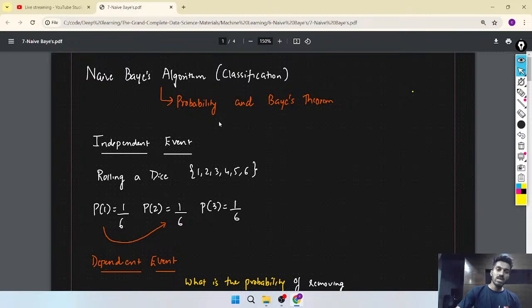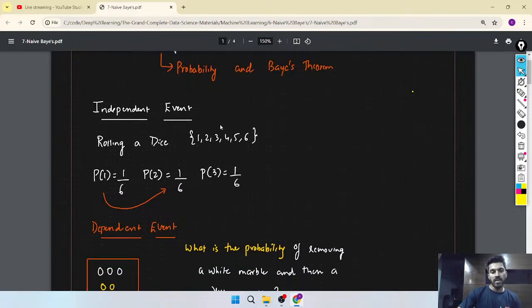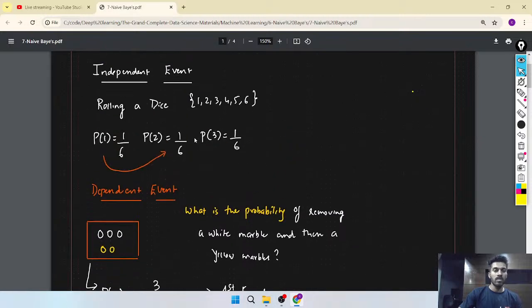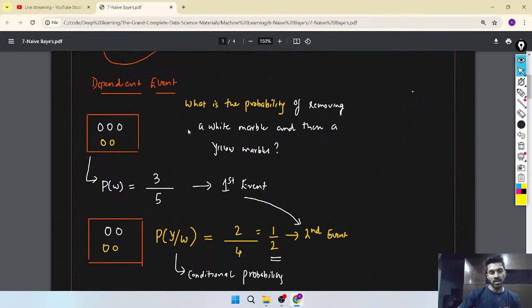So naive Bayes works on probability and Bayes theorem. I think you have learned Bayes theorem in your 12th standard.